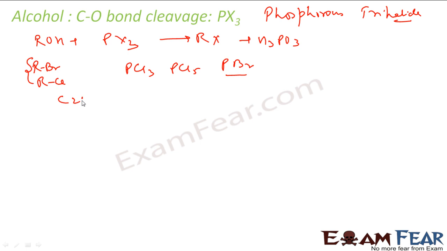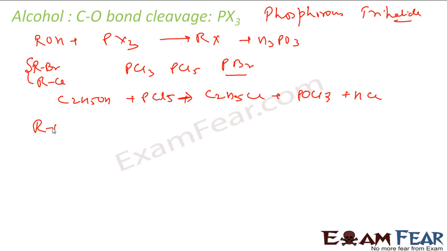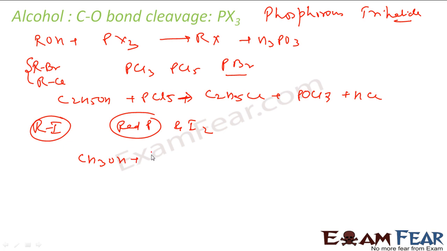For example, I have C2H5OH, I react with PCl5, I get C2H5Cl plus POCl3 plus HCl. But for iodoalkane, we react with red phosphorus and iodine. For example, CH3OH plus iodine, we use red phosphorus, I get CH3I plus H3PO3.